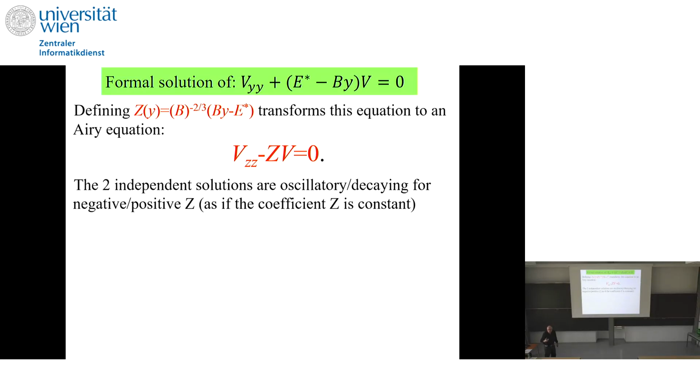If you want to know the characteristics of these two solutions, think for a moment about this z as a constant. Okay? If this constant, z, is positive, then the solutions are exponentially decaying or growing. If it's negative, then we have oscillatory solutions.